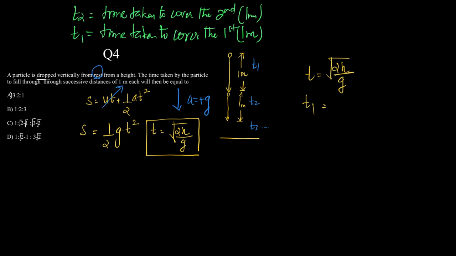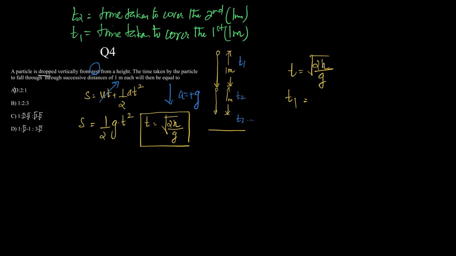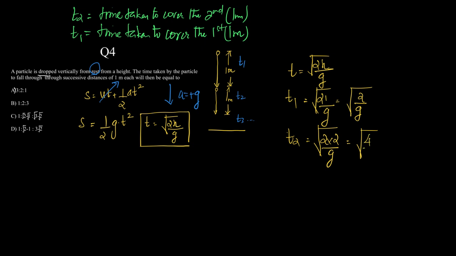Okay, now in which case T1 would be equal to root of 2h by g, where h can be replaced by 1, so this becomes root of 2 by g. Similarly, what is T2? T2 is root of 2 into h by g, where h can be replaced by 2, which is equal to root of 4 by g.